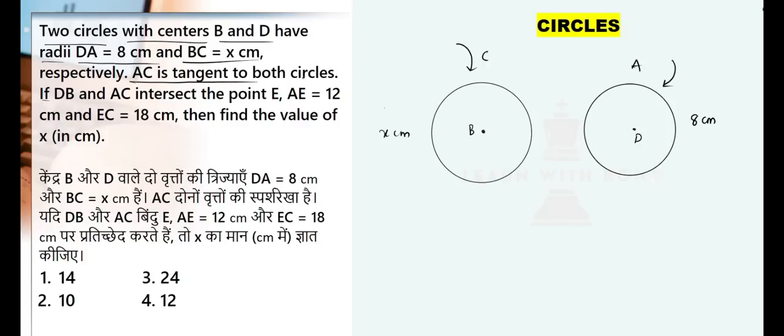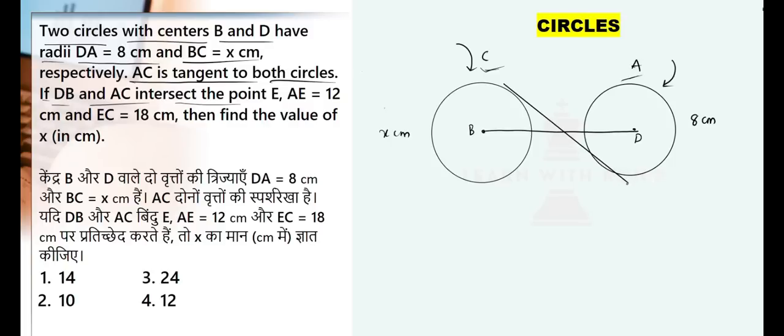Okay, and AC is a tangent to both circles, means the points C and A will make a tangent to both circles, and DB and AC intersect at point E. DB is nothing but the distance between the centers, right? So this distance between centers is intersected by the tangent made by the points C and A. So what is the tangent which will intersect the distance between the centers? Transverse common tangent only, right?